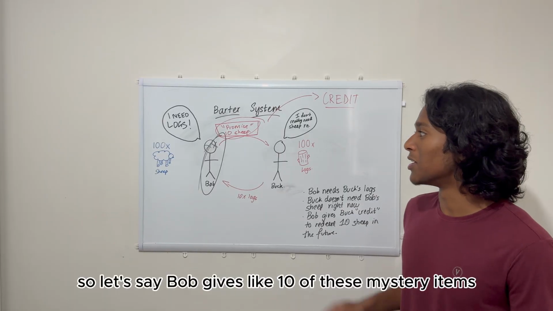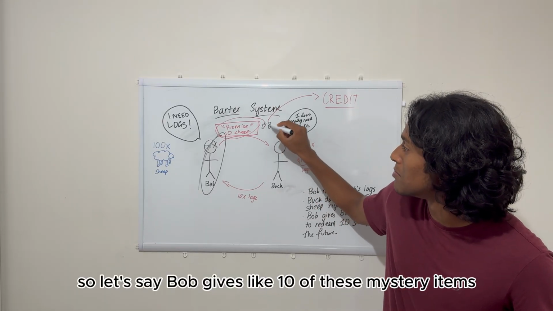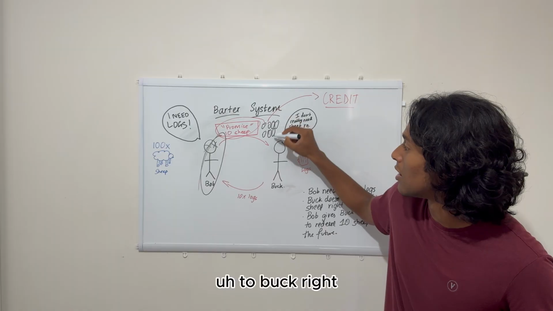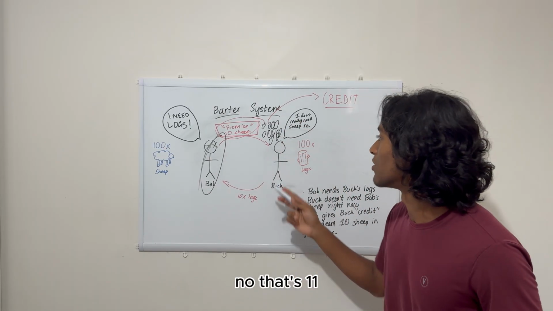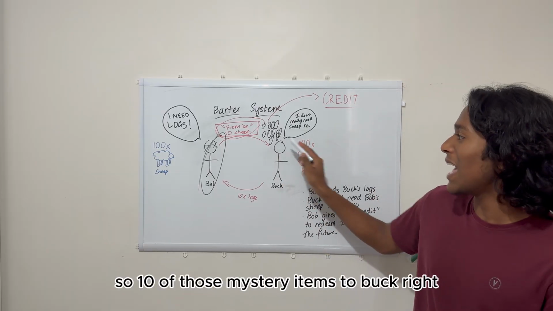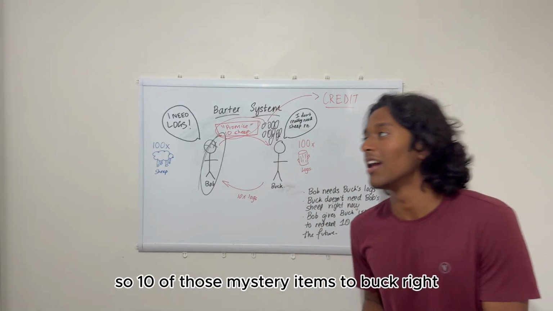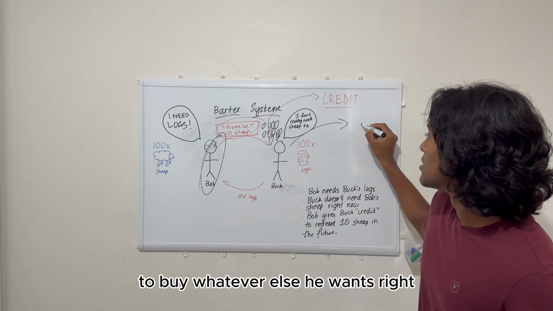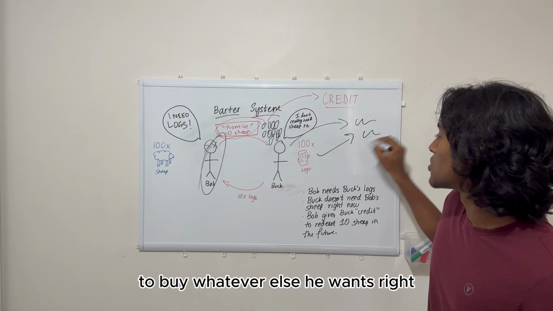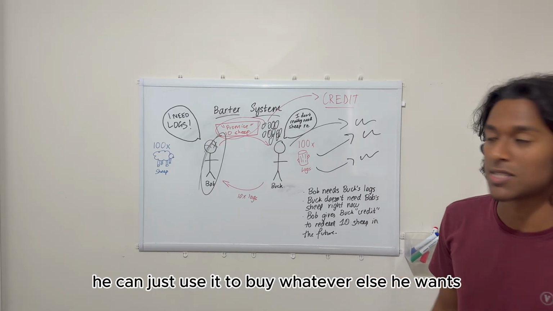So let's say Bob gives 10 of these mystery items to Buck, and then Buck can use these mystery items to buy whatever else he wants.